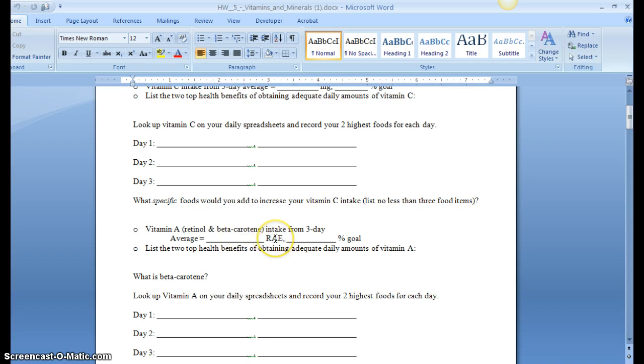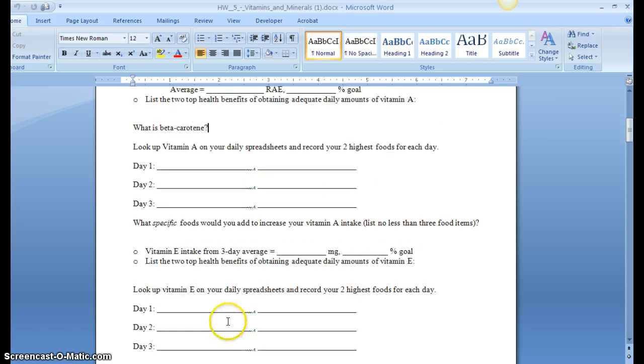The RAE is the absorbable vitamin A, so there are two types, one more absorbable than the other. Remember, beta carotene is known as a precursor to vitamin A, and I want you to specifically understand what foods contain beta carotene and the relationship between beta carotene and vitamin A.